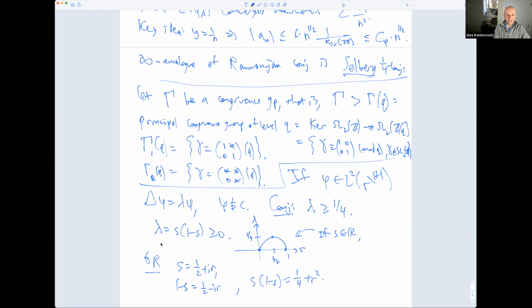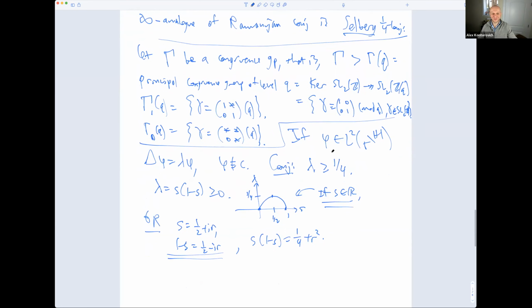Hopefully you see the analog between these two possibilities and what we just discussed for the Ramanujan conjecture. And so Selberg's 1/4 conjecture is that only the complex conjugate situation happens. This situation does not happen.